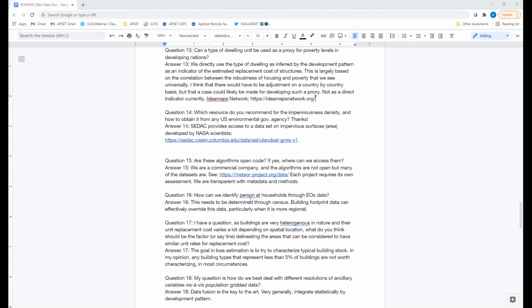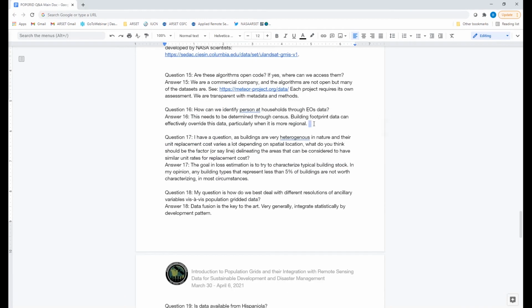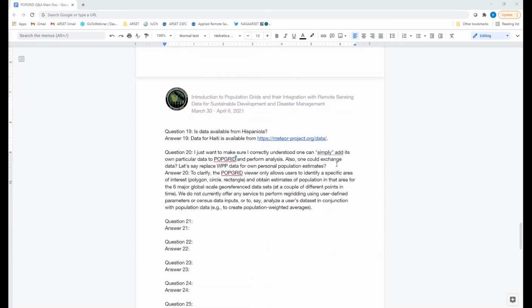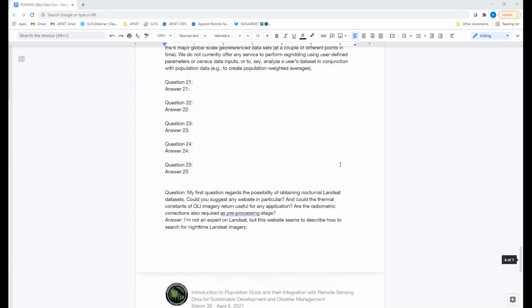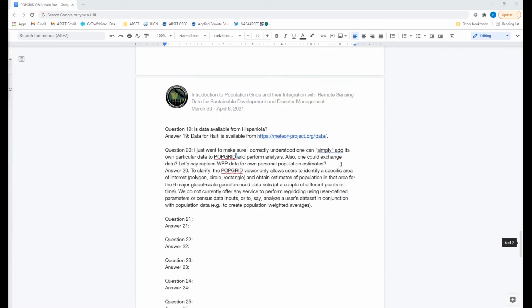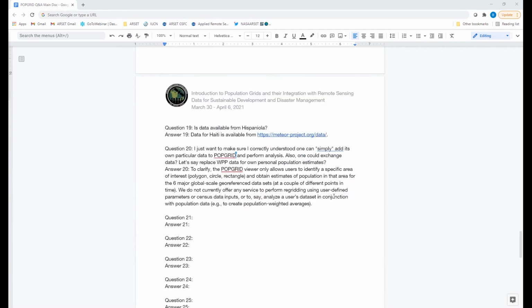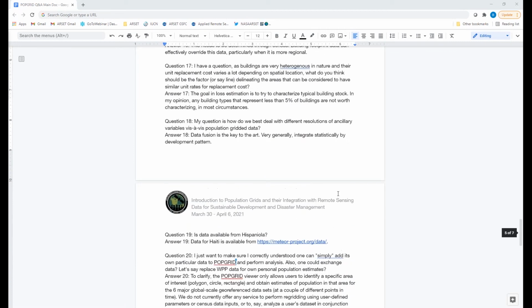Great resource to have. Question 16, how can we identify persons in a household through EO data? The reason I keep focusing on persons per household is that in most cases you go from a population estimate to an estimate of the number of households to the estimate of the number of buildings. So persons per household is a key determining factor.